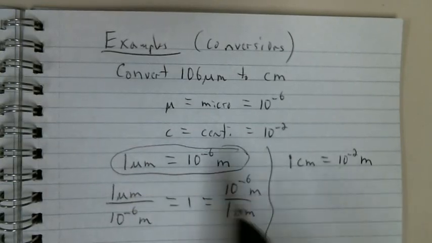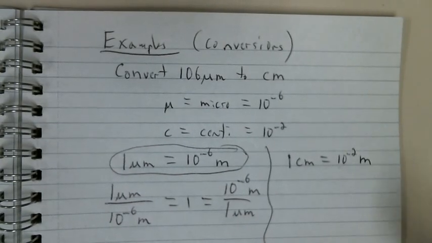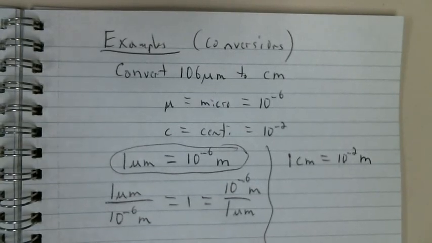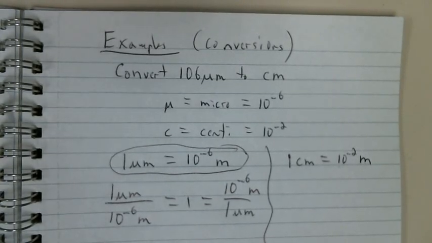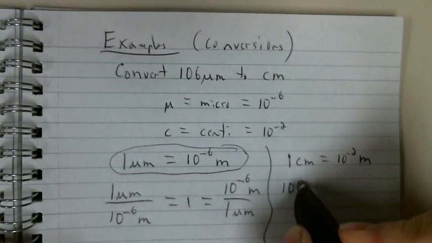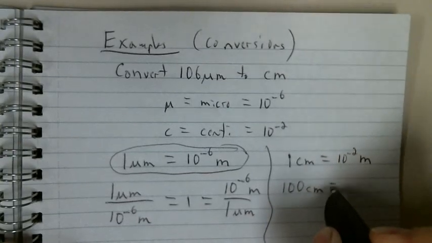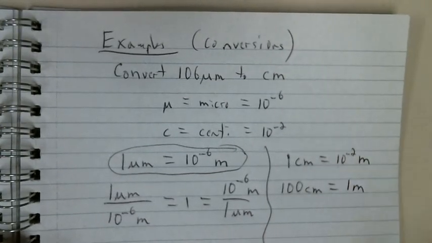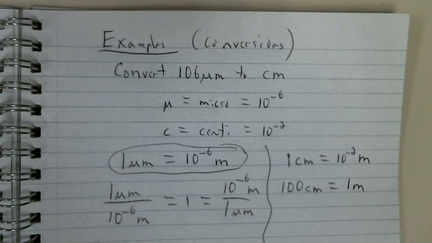We're not going to put a million in there. But centimeter, we remember a little differently. We know there's 100 years in a century, and so most people are more comfortable with saying, I know there's 100 centimeters in 1 meter.